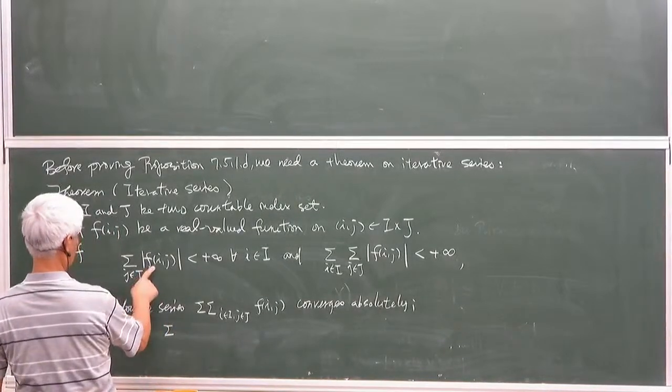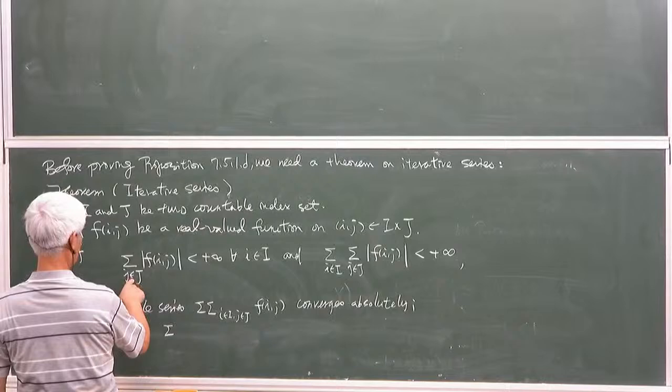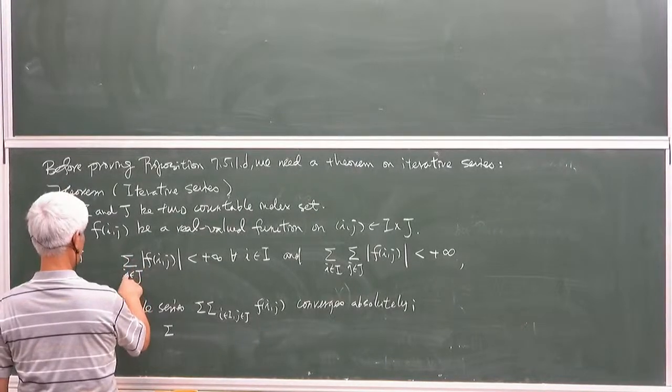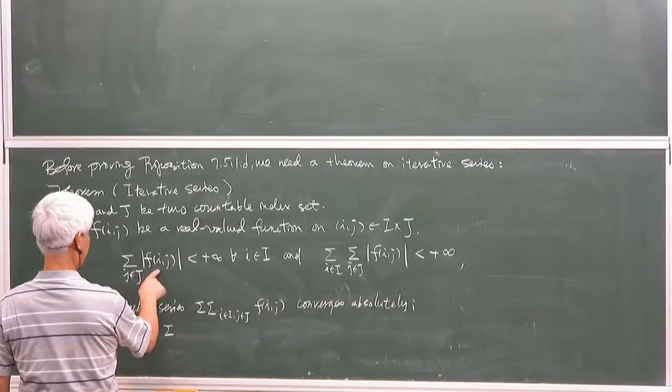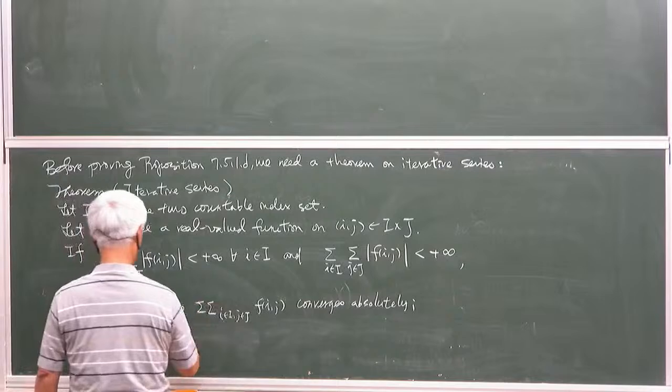Because this already says that the summation over j converges absolutely, that's fine.